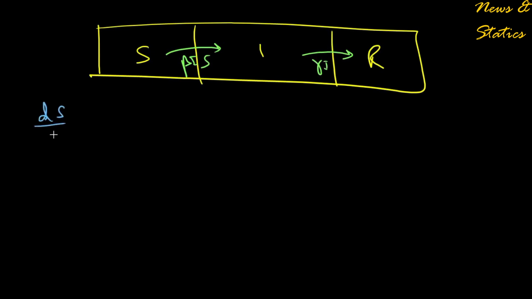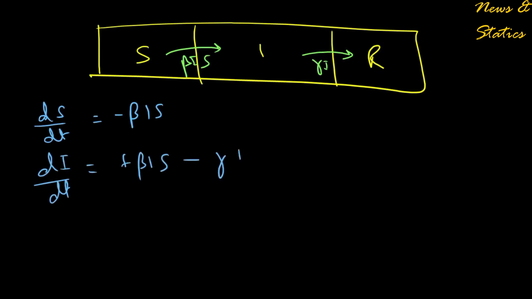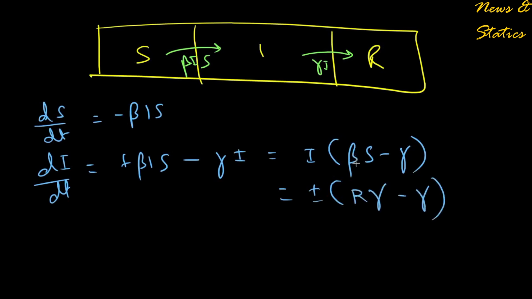One is that dS over dt is equal to minus beta I S, negative because it is decreasing, and dI over dt is equal to plus beta I S minus gamma I. So if this positive component is greater than the negative one, dI over dt is positive, otherwise it is negative. So I can actually write this as I multiplied with (beta S minus gamma), which I can write as I multiplied with (R gamma minus gamma), because I already know that R is equal to beta S over gamma. I've just discussed that.